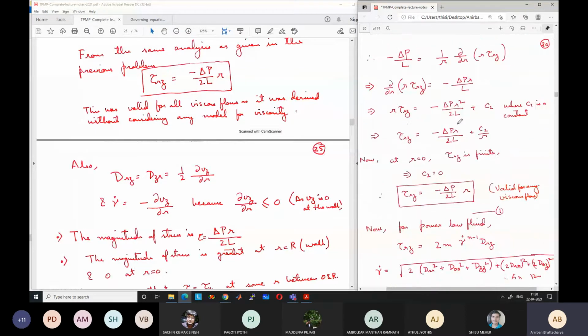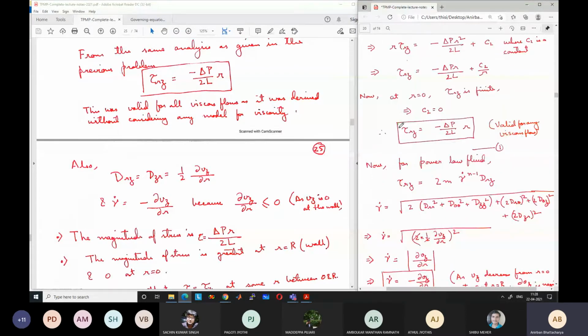This we had obtained without assuming any fluid type, whether power law fluid, Newtonian fluid, Bingham plastic or any other. We had mentioned specifically that this is valid for any viscous fluid; it does not depend on the type of the fluid. So for our Bingham plastic also this will hold true. Up to this point the derivation is exactly the same.